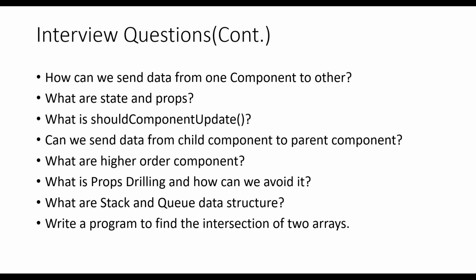So there are three steps in the Context API. First is creating the context value. Second is providing the context value. The third is consuming the context value. So with the help of the Context API or Redux, we can avoid the prop drilling phenomenon.